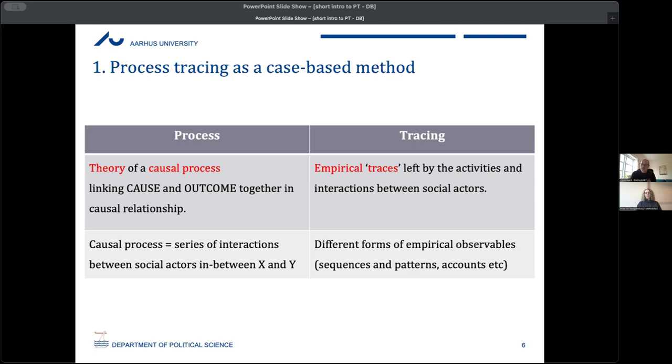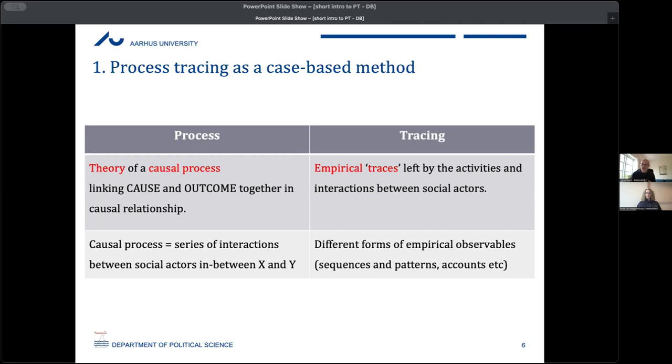The tracing element of process tracing is that we're trying to see some form of empirical traces, and there are disagreements about what these are and how we should analyze them. We'll come into them both in week 1 and week 2 in much greater detail. But often, you'll have different forms of empirical observables.